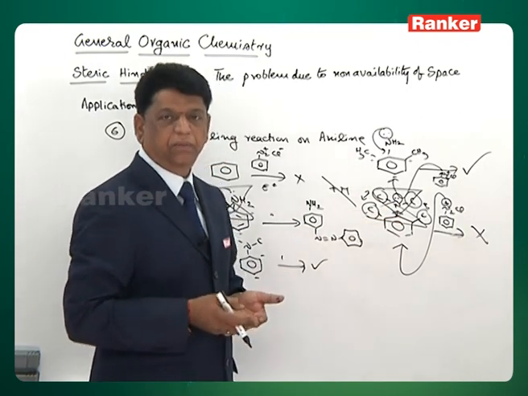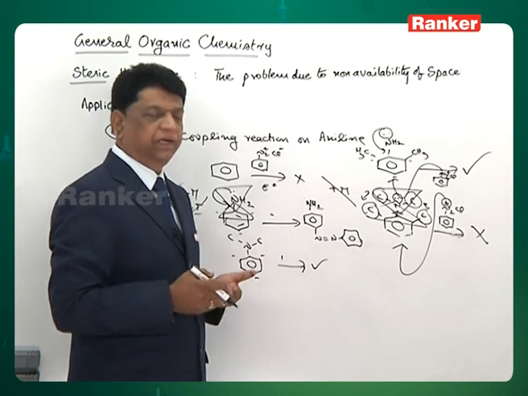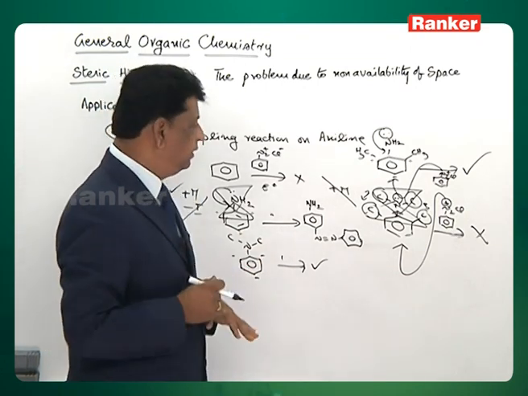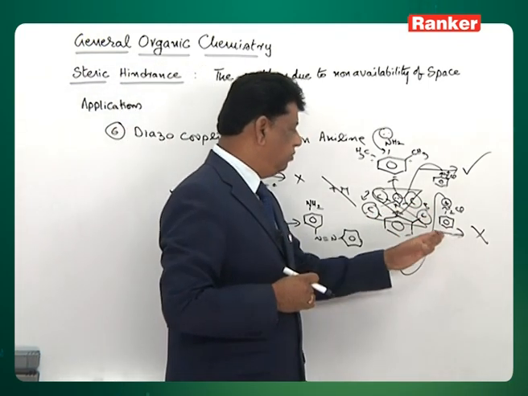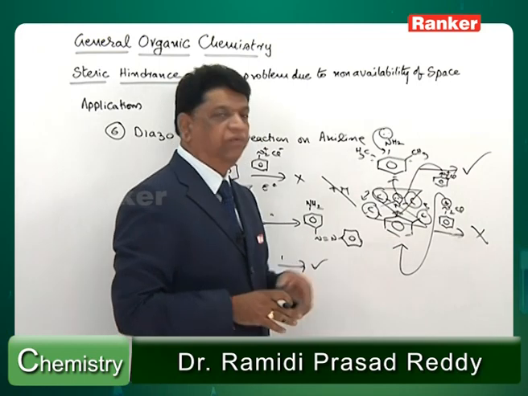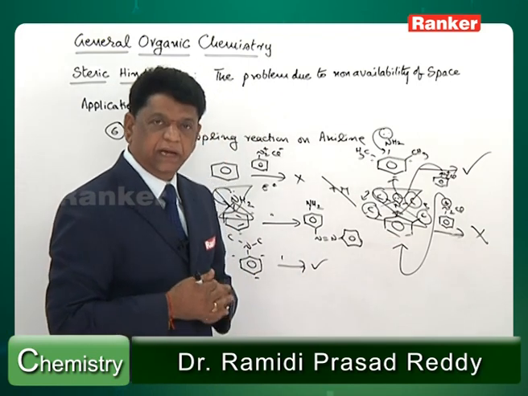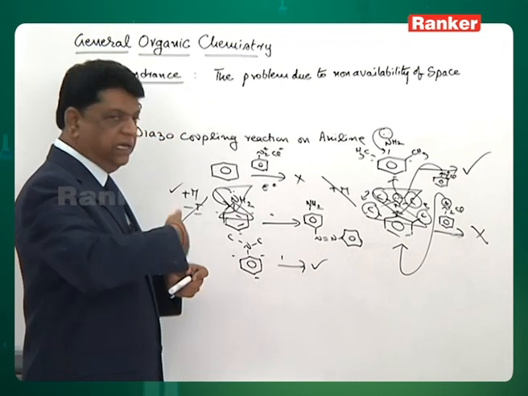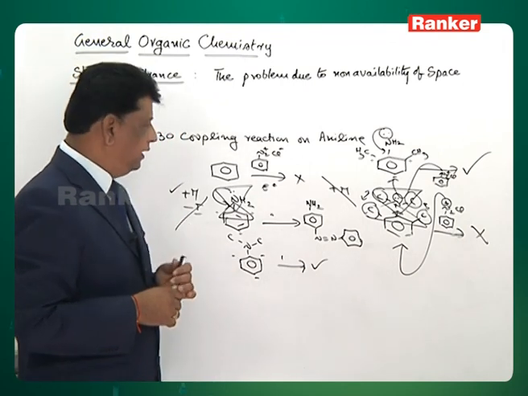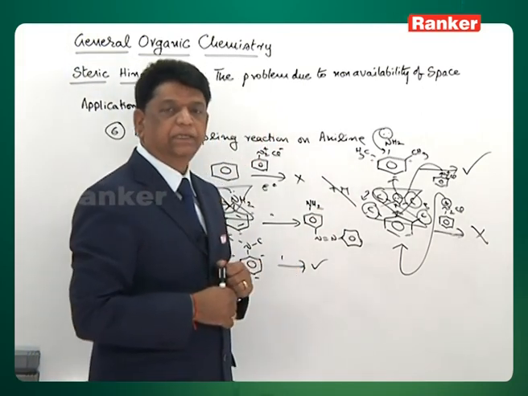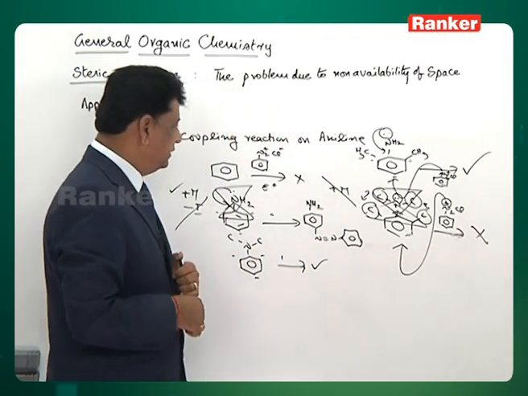When there is no pi bond formation, no plus M effect, and consequently the ring activating property is not taking place, and this poor electrophile cannot attack on the benzene. Under that condition, therefore, the diazo coupling reaction is not taking place. The explanation is in an indirect way or a little complicated, but this is one of the excellent applications of steric hindrance. Thank you.